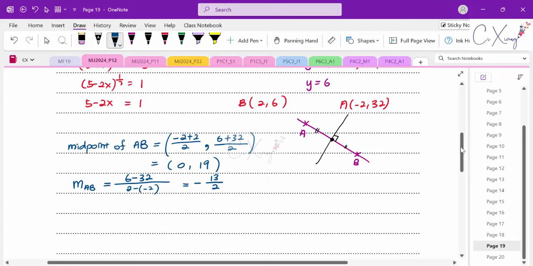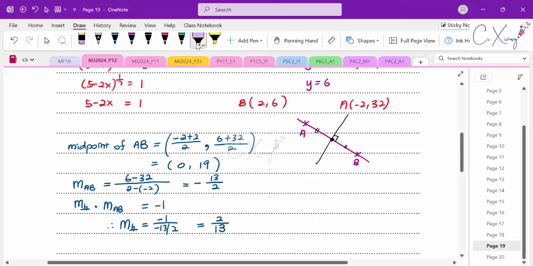Then, because I know that when you take the gradient of a perpendicular line and multiply it with the gradient of AB, it will equal -1. Therefore, the gradient of the perpendicular line will equal -1 divided by the gradient of AB, which is -13/2. After you simplify, you have 2 over 13.